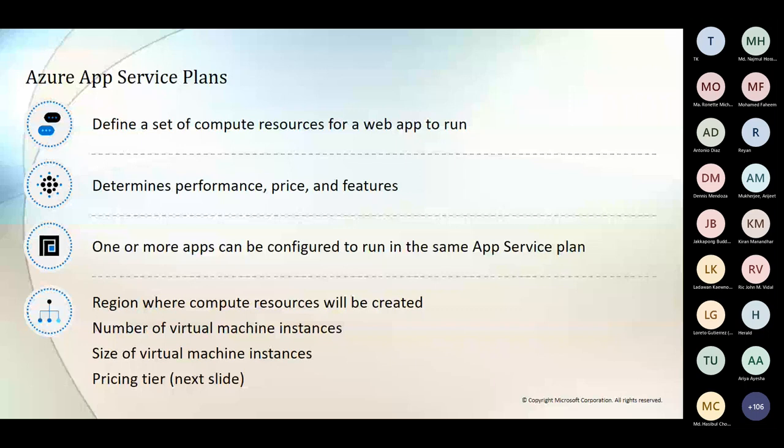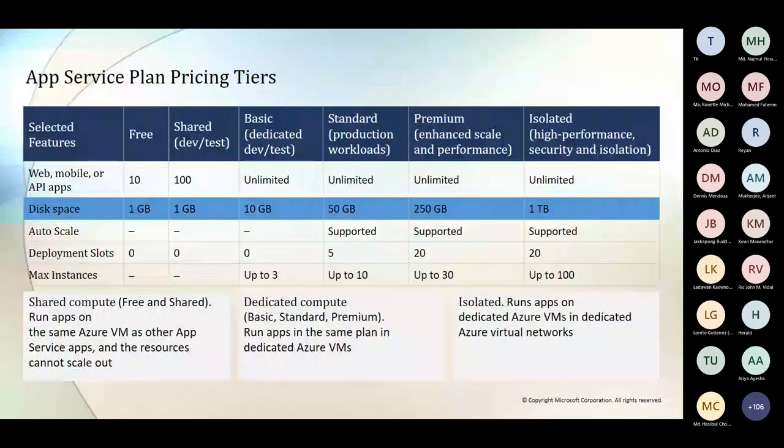Here there are some plans: first of all Free, then Shared for development and test, Basic dedicated, which is also for development and test, Standard for production workloads, Premium for enhanced scale and performance, and Isolated for high performance, security and isolation. What are those?